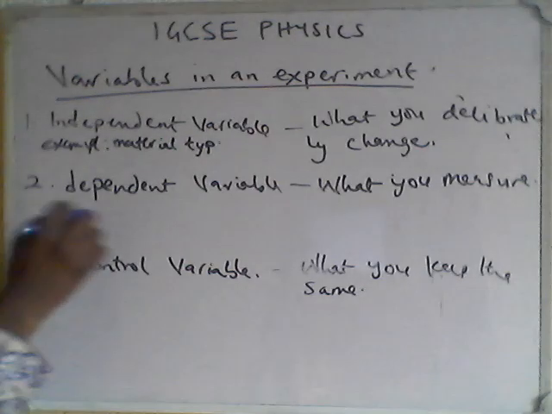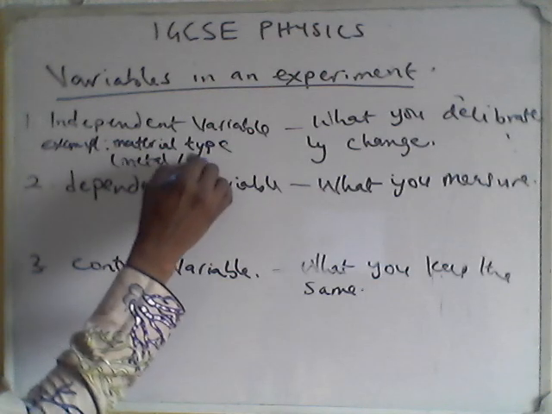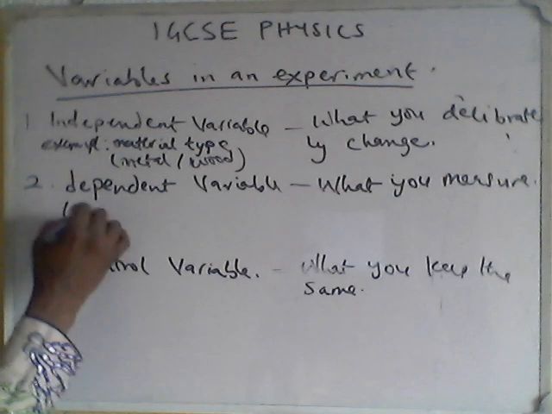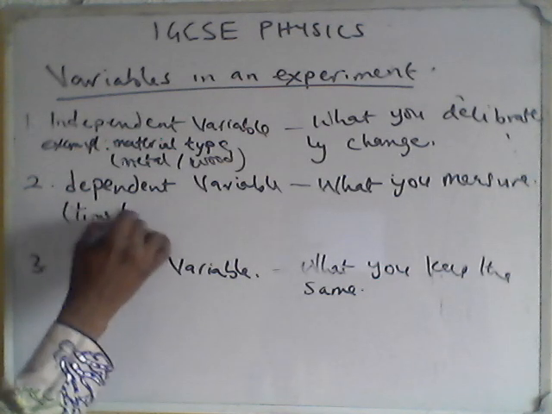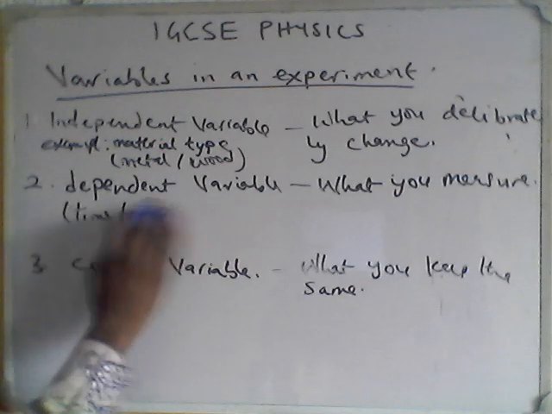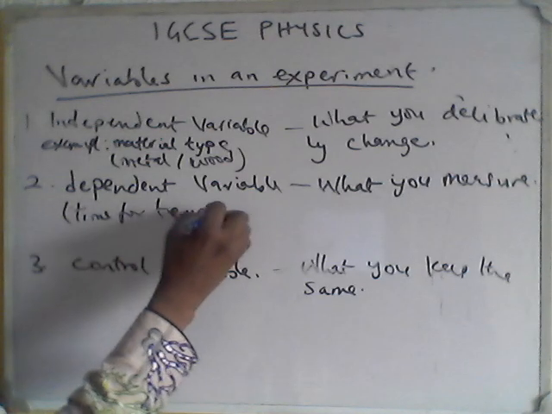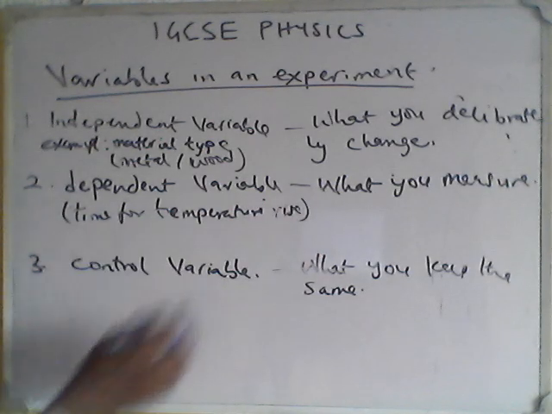So if I'm doing an experiment, I say I have metal or wood. So the material type is independent. While the dependent variable for this particular experiment is the time for temperature rise. So I can decide to say, okay, I want to measure the different times where temperature changes.